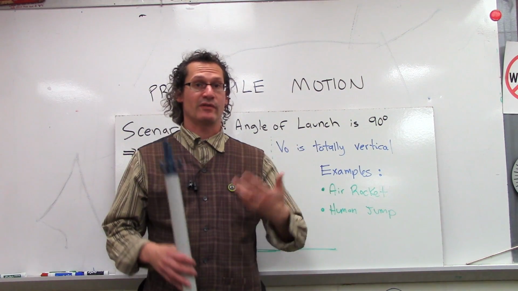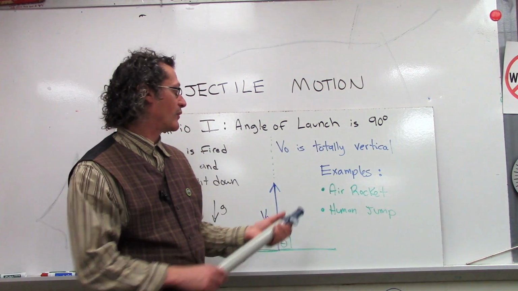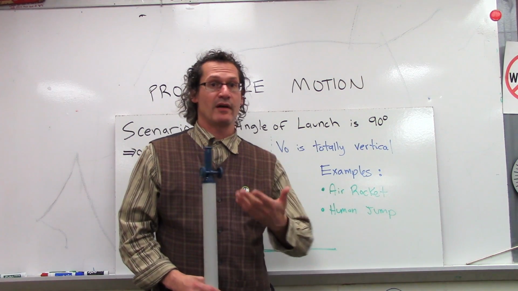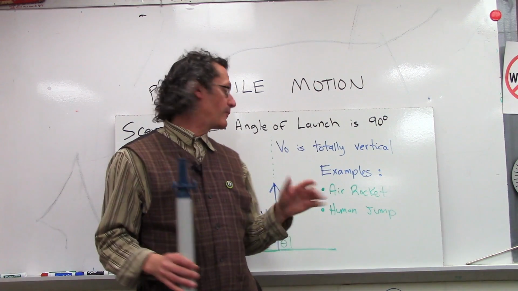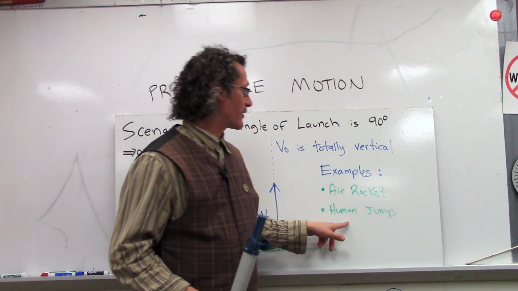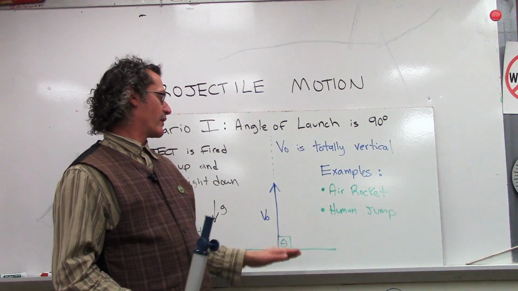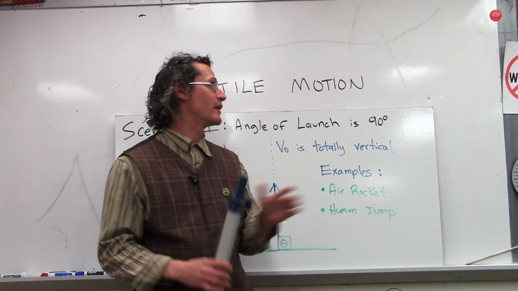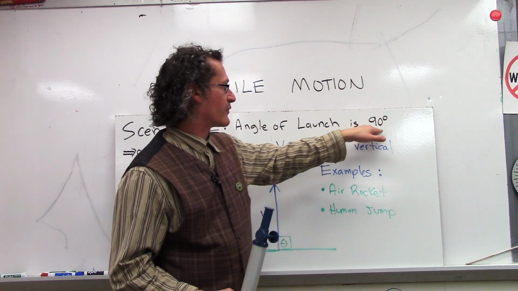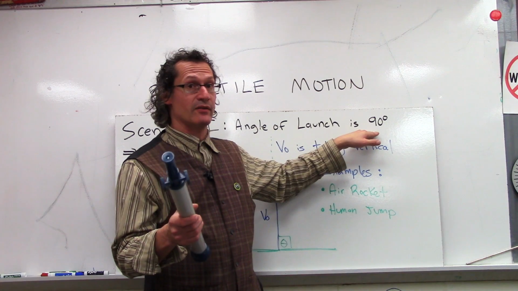We've done situations where we studied, for example, the air rocket launching, going straight up, and also with the human jump. So, like so, we wanted to get our hang time here, and this would be a situation where theta is 90 degrees. This is actually a one-dimensional problem, so I kind of tricked you here, but it is a situation that's covered by this when the angle is 90 degrees.